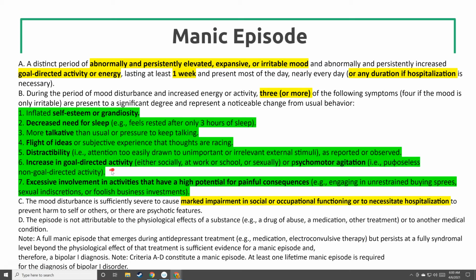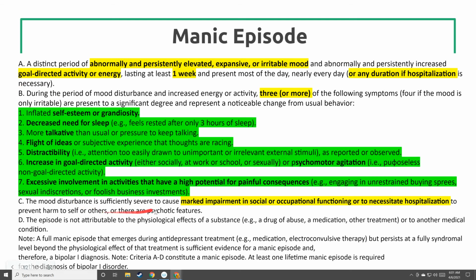This, like I said, goal-directed activity, it could be socially, at work, or sexually. Again, there's that psychomotor agitation, very fidgety. And then this excessive involvement in activities that have a high potential for painful consequences. So unrestrained buying sprees, sexual indiscretions, foolish business investments. You only need three or more in this green list, okay?